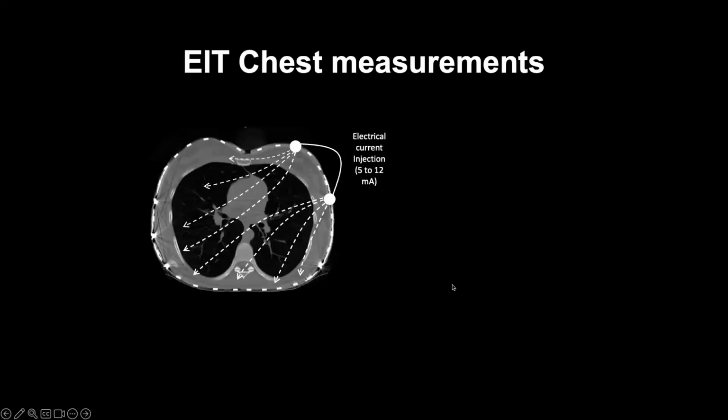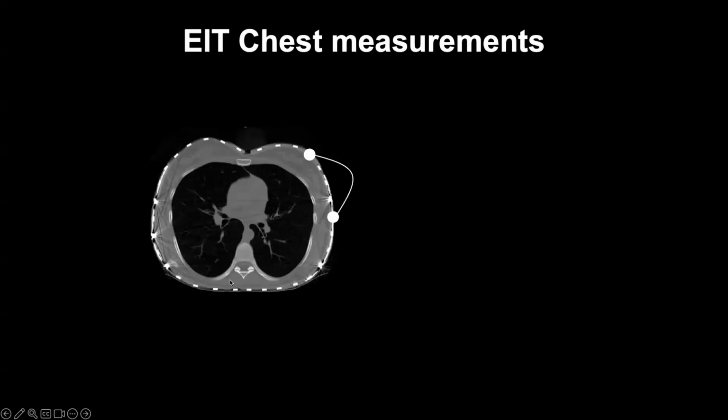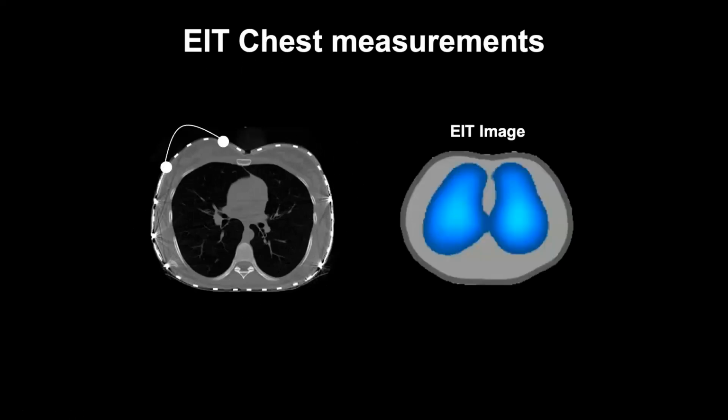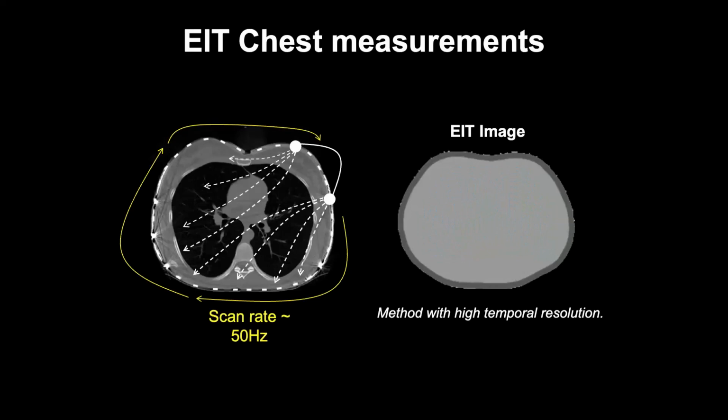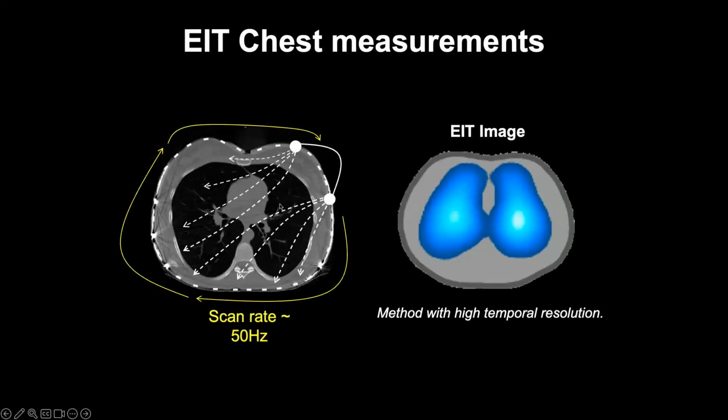During an EIT examination, a very small alternating electrical current is applied through pairs of electrodes, while the remaining electrodes measure the resulting voltage. The set of EIT data acquired during a cycle of current application and voltage measurements produces an EIT image. The advantage of EIT over CT is the frequency of image acquisition.